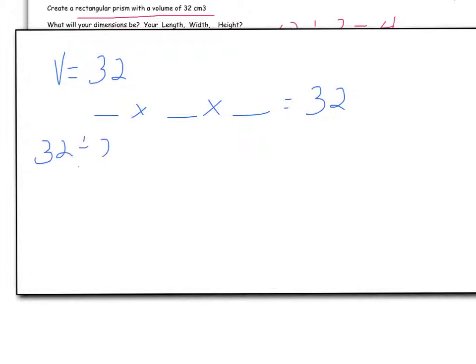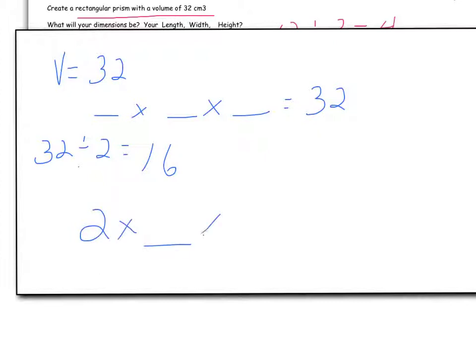All right, well, let's take a look at some of our possibilities. So we want a volume that's going to be 32. So we need something times something times something that's going to equal 32. Well, let's see what we can have for possibilities. Let's try 32 divided by 2. What is 32 divided by 2? Well, that's 16. So I could have 2 be one of mine.